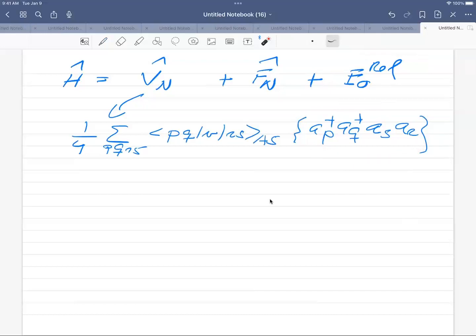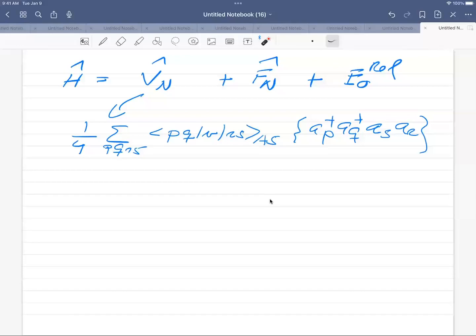If I were to take the vacuum to vacuum expectation value of that, this is the same as the definition of the creation and annihilation operators which we applied on the true vacuum. Because this is now a normal ordered operator, and then we have a destruction operator acting on the vacuum state, and then we are going to the vacuum state, but we are not creating it back again. So this acting on the vacuum state produces normally either one particle, one hole, or two particle, two hole excitation.